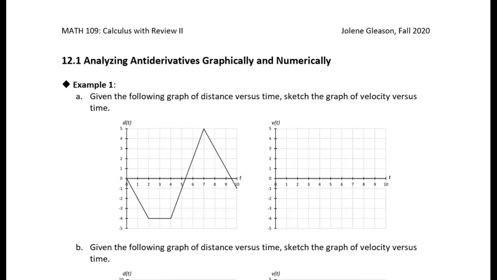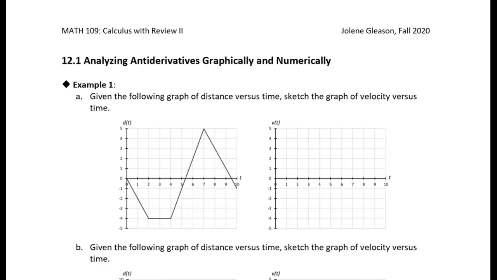The first two parts are basically you're given a displacement function. So you're given how far you are from some reference point over time, and you want to graph the velocity. So you're taking the displacement and you're graphing velocity. The velocity is the rate of change of the displacement, so you're going to look at the slope of the displacement function in order to get information about the velocity.